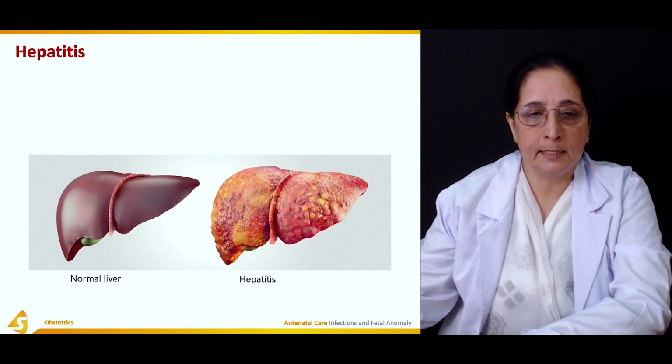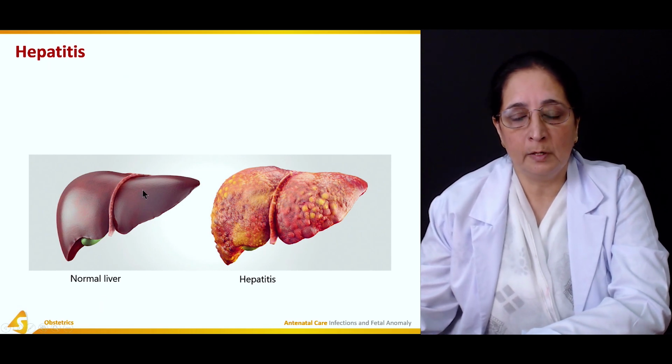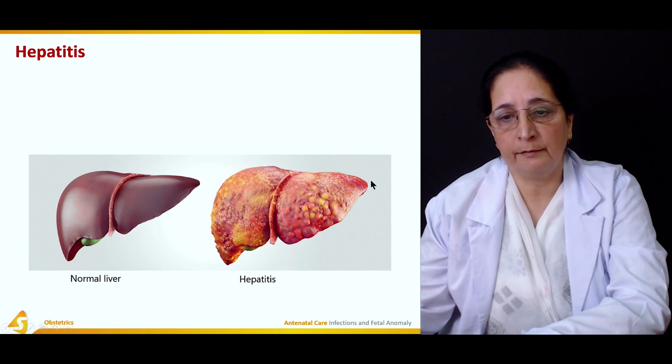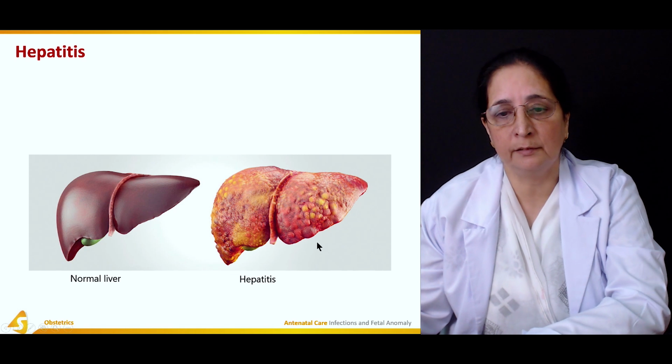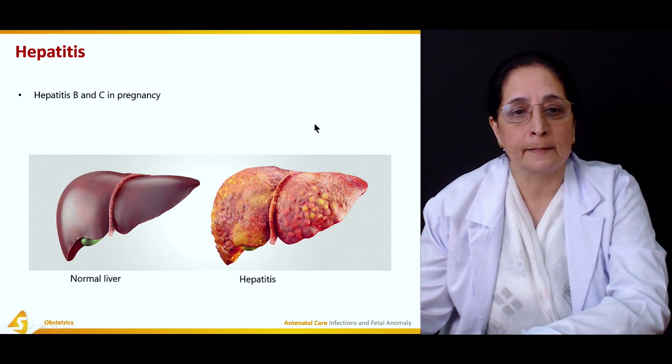Then hepatitis is the inflammation of the liver. This is the normal liver, and this is the liver with hepatitis. You can see the difference. So hepatitis B and C are common in pregnancy.